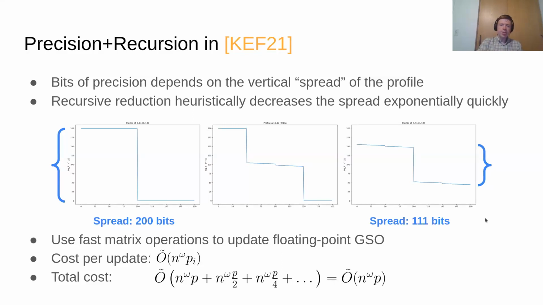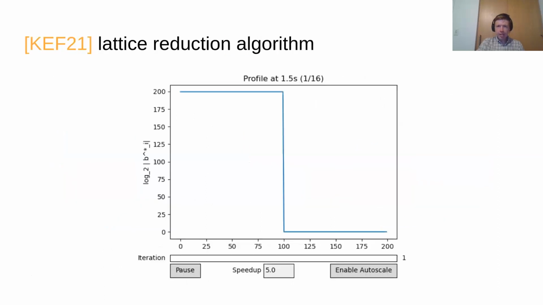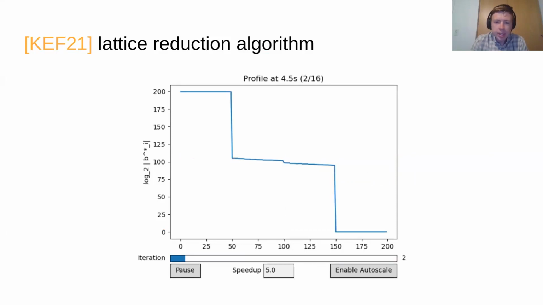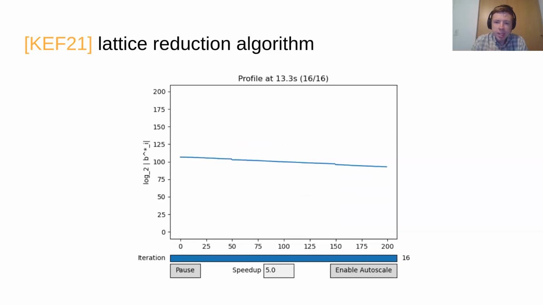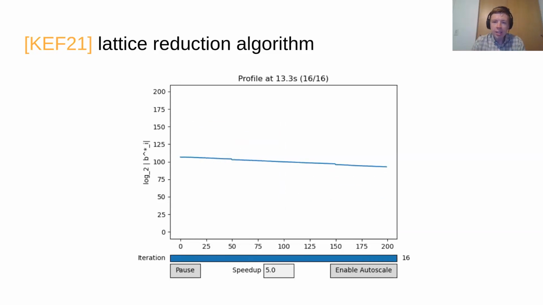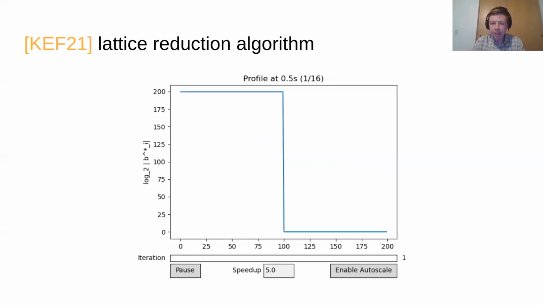And because of this, we have this repeated Z-shaped structure that decreases over time exponentially quickly. And to sort of animate this out, we have the Z-shaped structure through multiple iterations. And you can see that the algorithm speeds up over time, which is indicative of the number of bits of precision decreasing over time and the update costs decreasing over time.